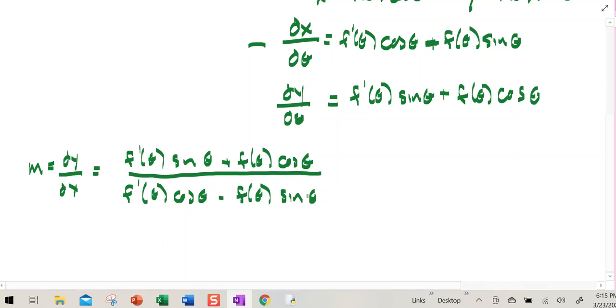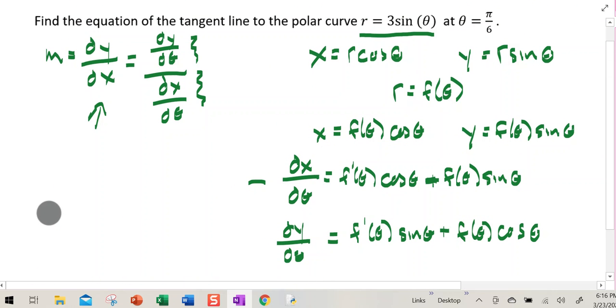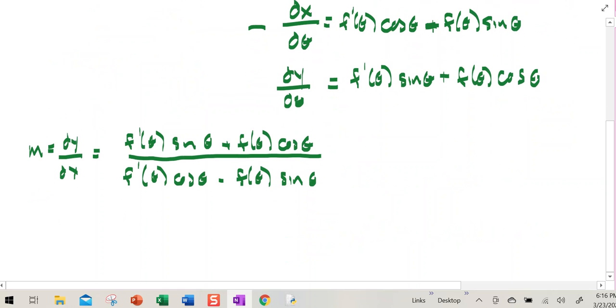Well, now what we need to do is substitute in some values that we know. Going back to our original equation, which is r equals 3 sine of theta, let me rewrite that down here. We know that r is equal to 3 sine of theta.